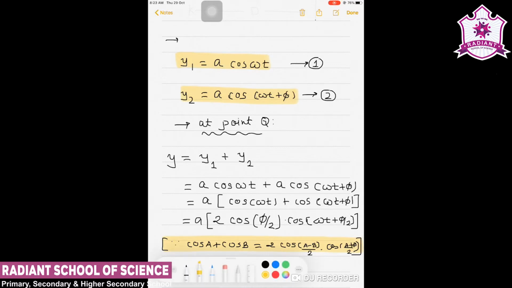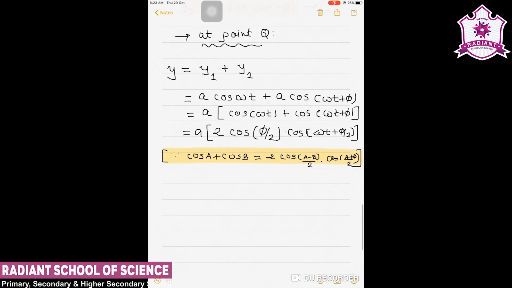Now we can move further. Here we can say that the amplitude of the resultant displacement, simplifying the above equation, is y equals 2a cos(phi by 2), which is the amplitude term, into cos(omega t plus phi by 2).